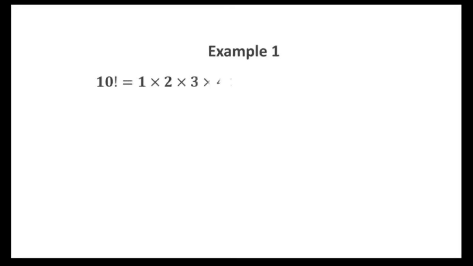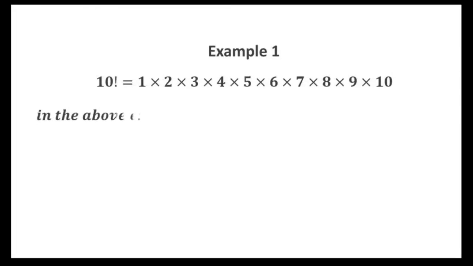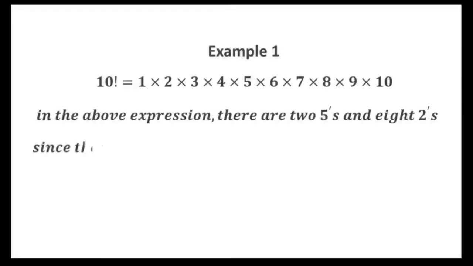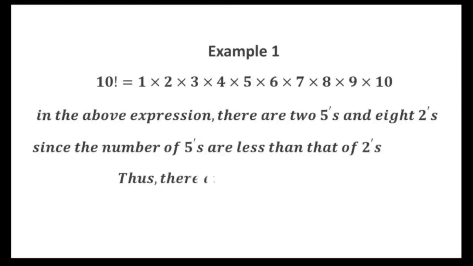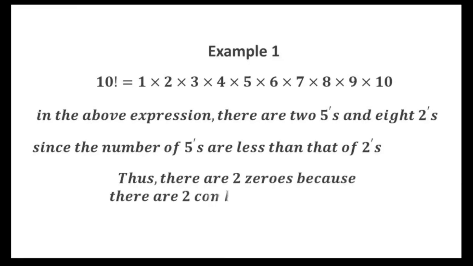For example, the value of 10 factorial is 1 into 2 into 3 into 4 till 10. In this expression, there are two 5s and eight 2s. Since the number of 5s is less than that of 2s, there are two zeros because there are two combinations of 5 and 2.